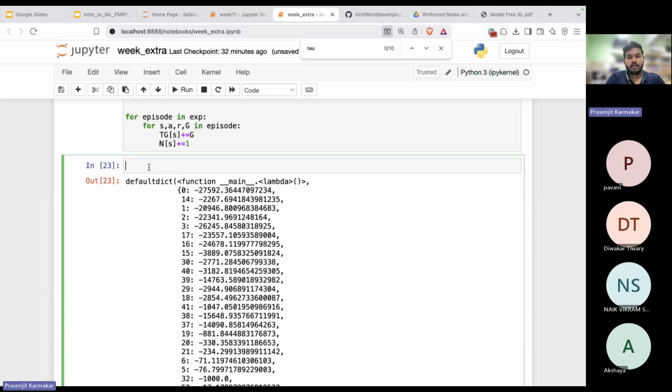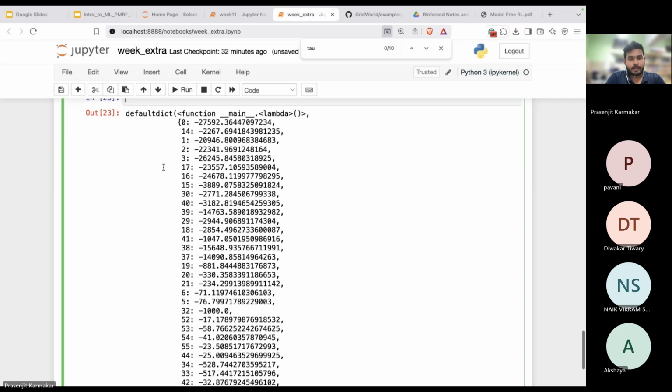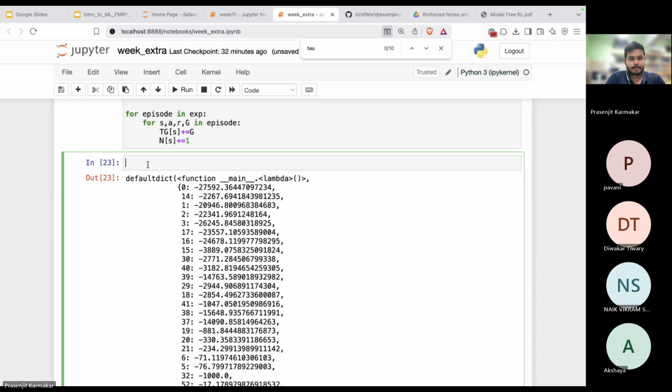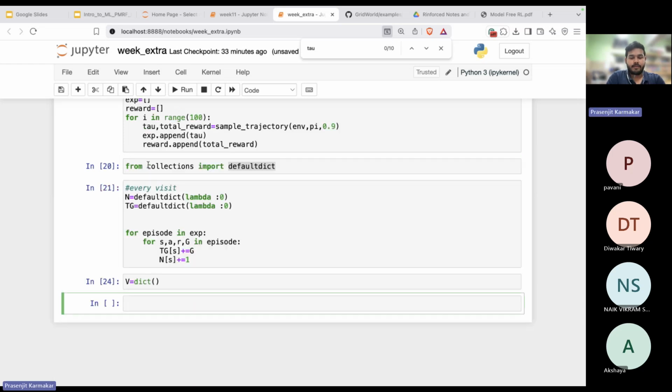So what I can do, yeah, so value function could be another dictionary, right? So for every pair, let's just loop through TG, right?